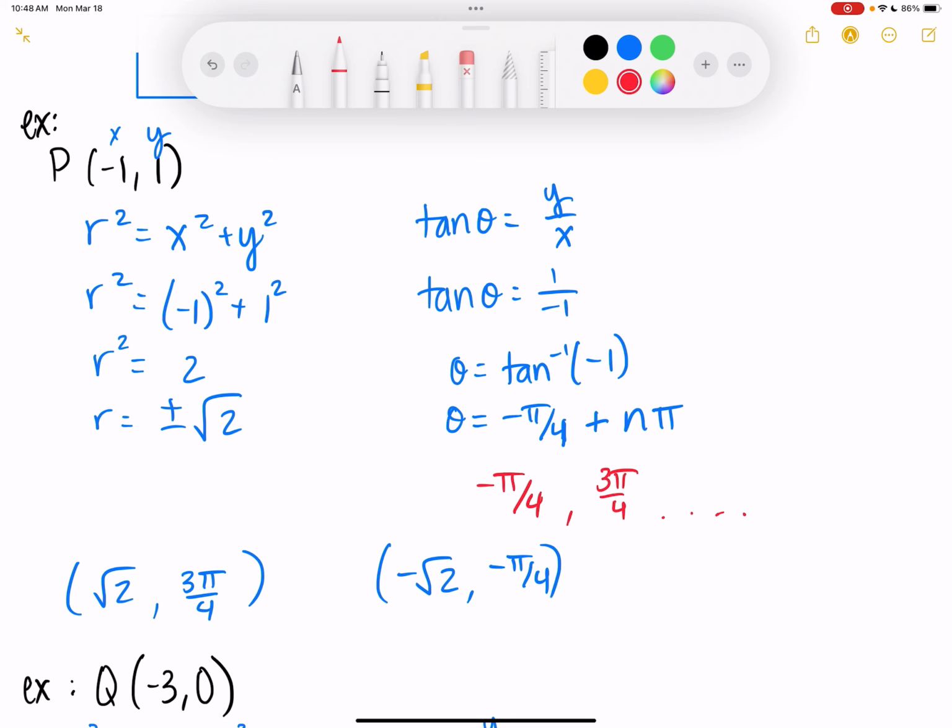So to get it from negative pi over 4 to where it needs to be, it has to be negative. And then the other one, 3 pi over 4, would already be in that quadrant, so it would just be positive, is what it's implying, that 3 pi over 4 already meets that quadrant requirement.